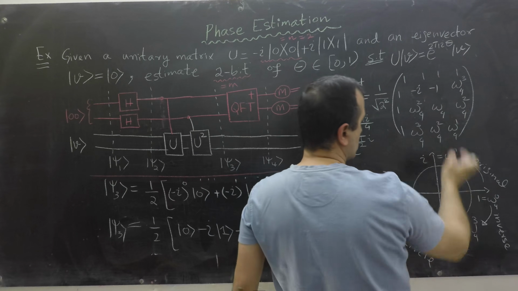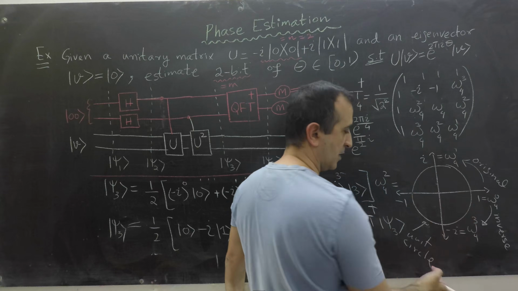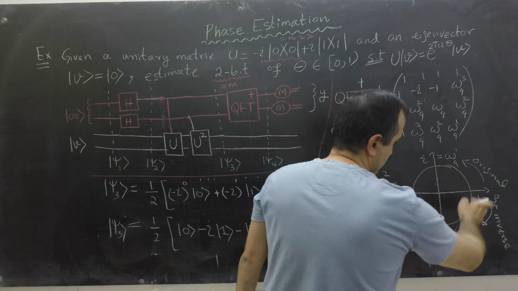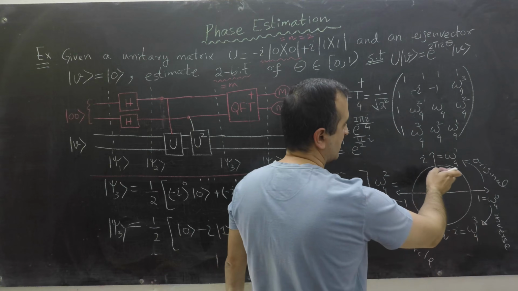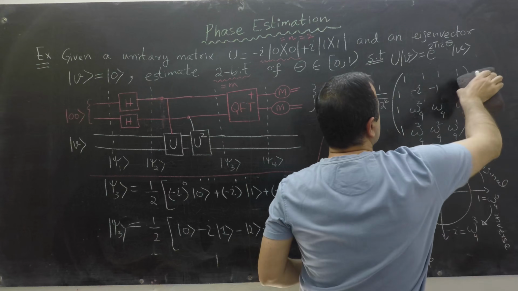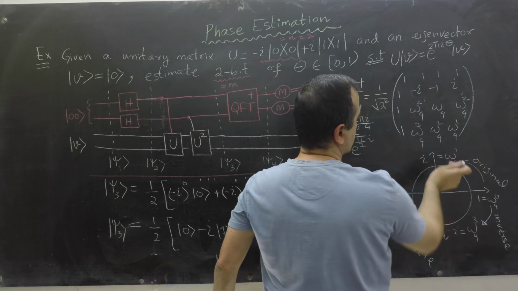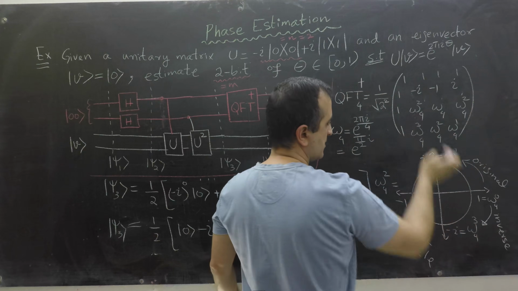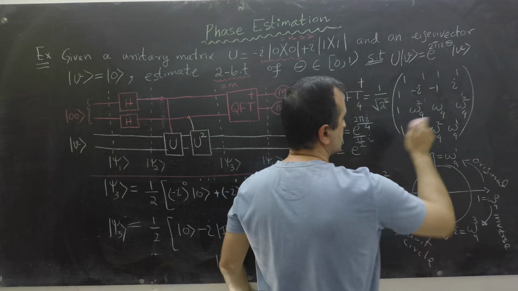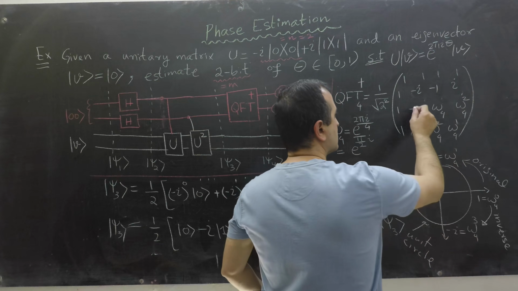My omega cube in this direction is minus iota, but I have to calculate its conjugate. So I will travel in this direction and I will get a positive iota, or omega 1. Omega square in both directions is equal to minus 1, so I will get minus 1 here.